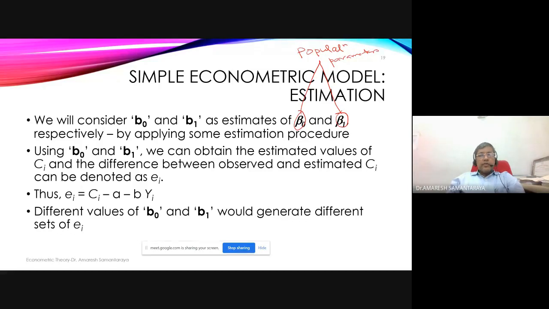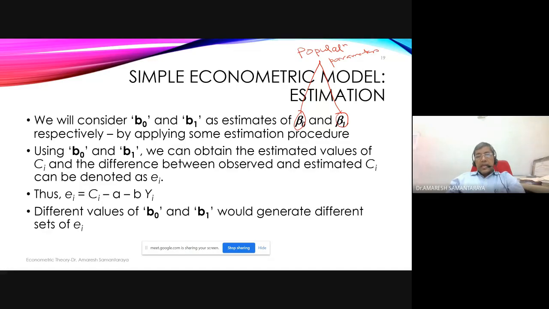Maybe 100, maybe 200, maybe thousands, maybe at the maximum lakhs if it is an institution. Collecting information for every individual on their income and consumption expenditure is not at all possible, even for the same country, say India.